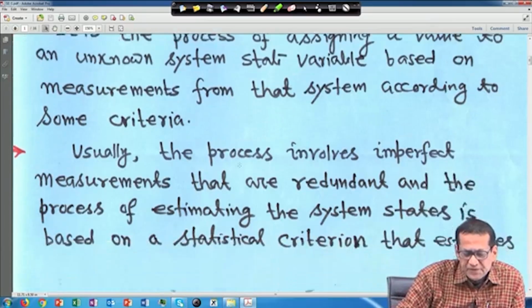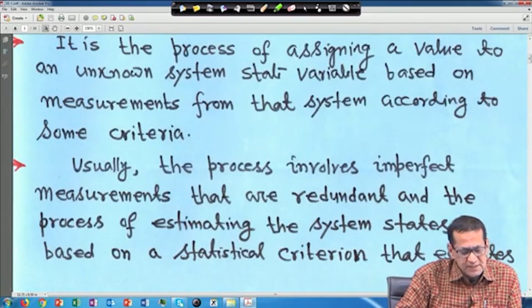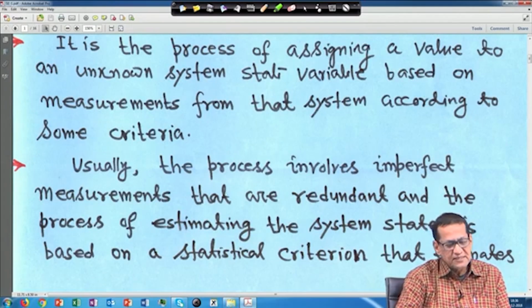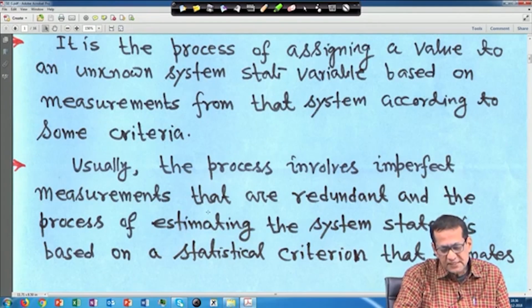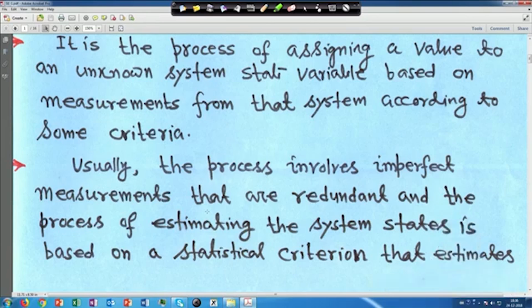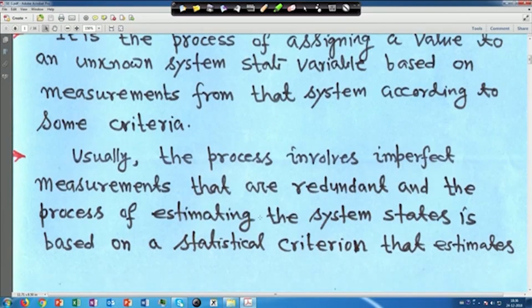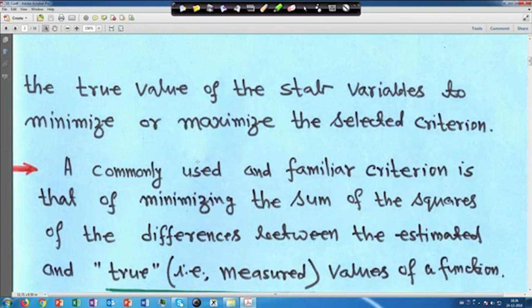Usually the process involves imperfect measurements that are redundant, and the process of estimating the system states is based on a statistical criterion that estimates the true value of the state variables. True means, in this case, we will call it the measured value, to minimize or maximize the selected criterion.